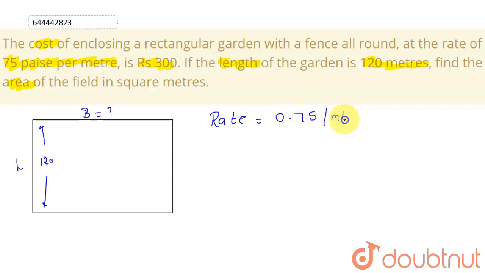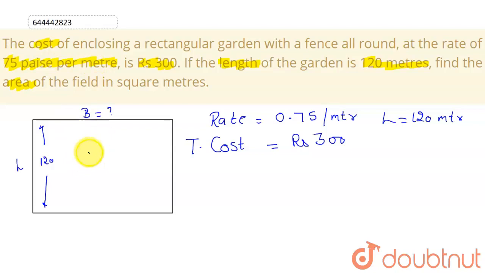And the total cost is given as rupees 300. We also have the length as 120 meter, and we need to find the area of the field.